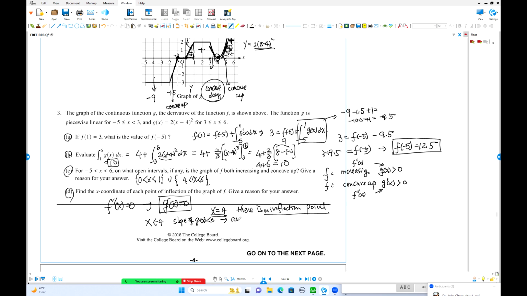That means concave down. After, greater than 4, positive 4, okay? Not negative. The slope of g of x is positive. That means concave up. They change concavity, right?